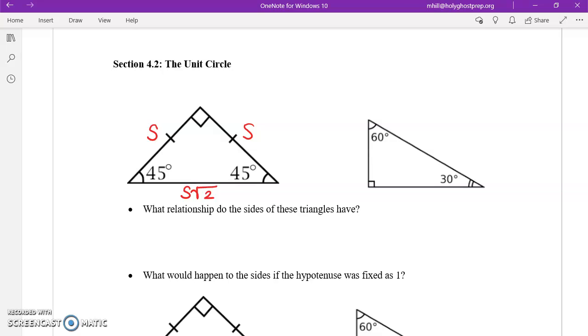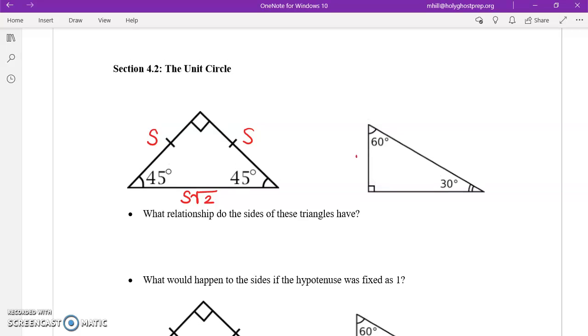For 30-60-90, the relationship among the sides of a 30-60-90 triangle is s, the hypotenuse is 2s, and the long leg is s root 3.